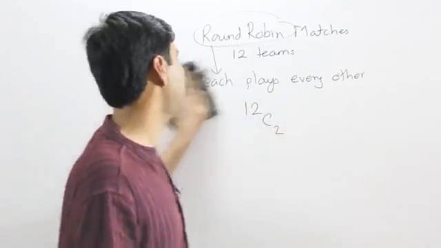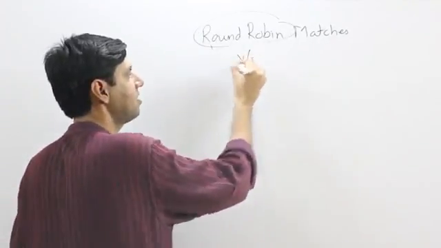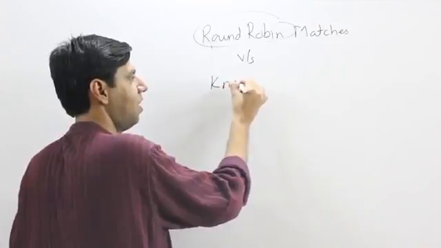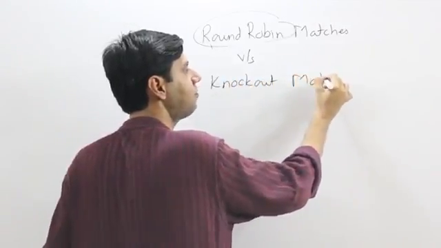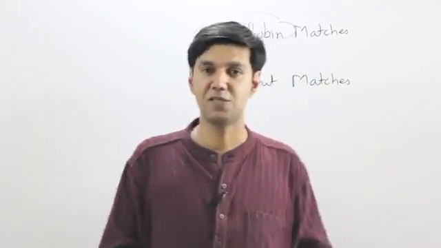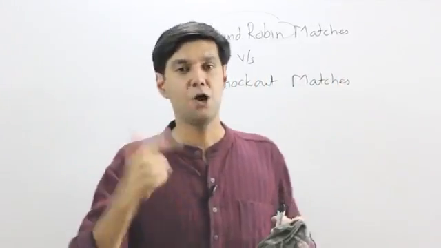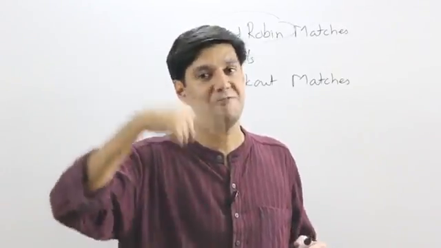What is the alternative to round robin matches? The alternative is knockout matches. Knockout matches refer to tournaments like the Grand Slam, any tennis tournament. What happens there? Knockout: any player who loses a match is out. He'll not play with every other player.